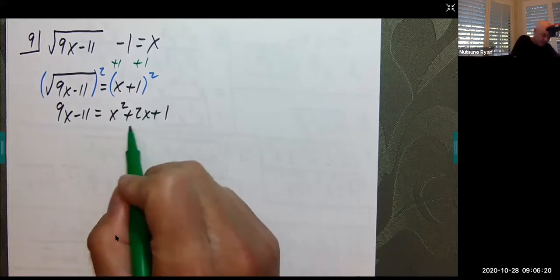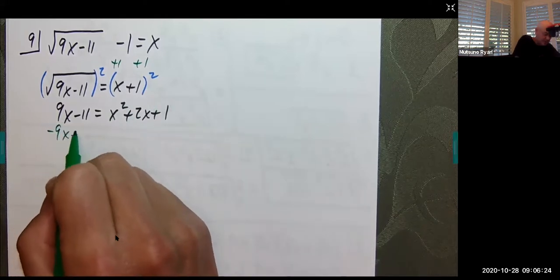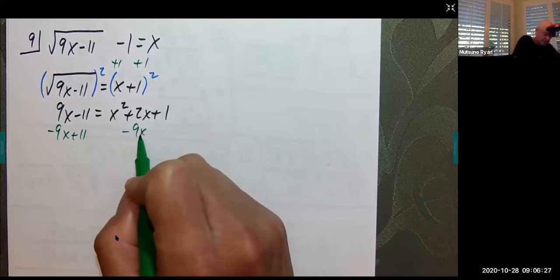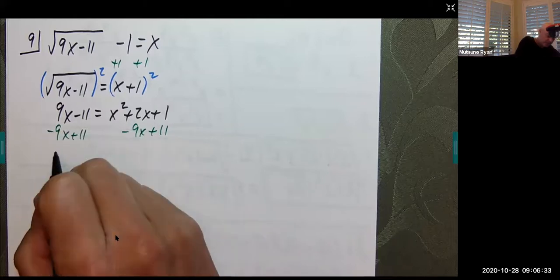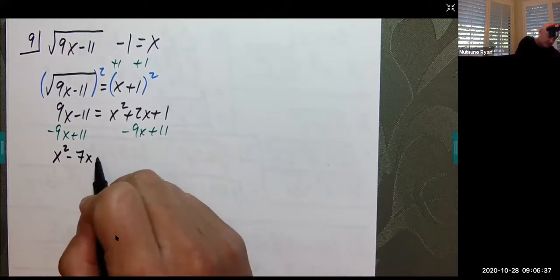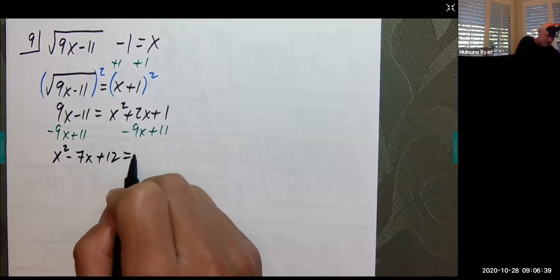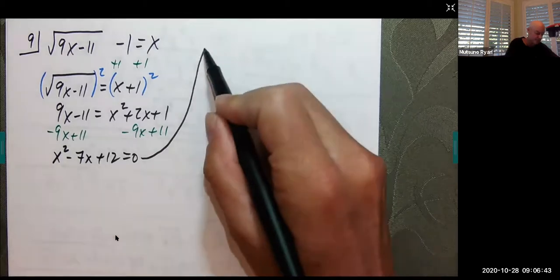Although I could move this to the left, I like keeping that lead coefficient positive if possible. This gives me x squared minus 7x plus 12 equals 0. I'm going to carry that up to here.